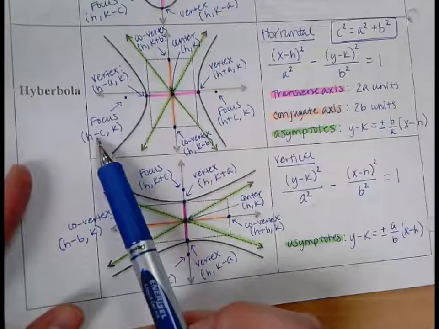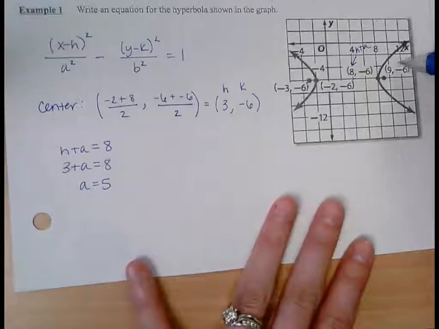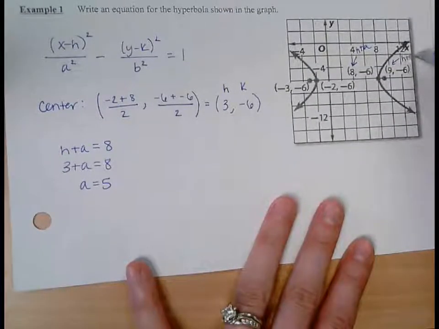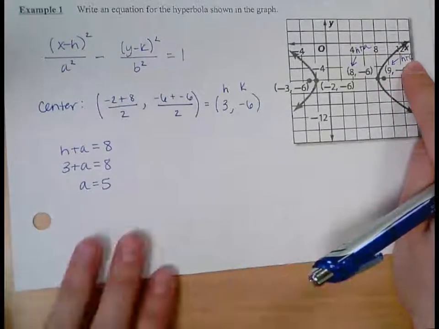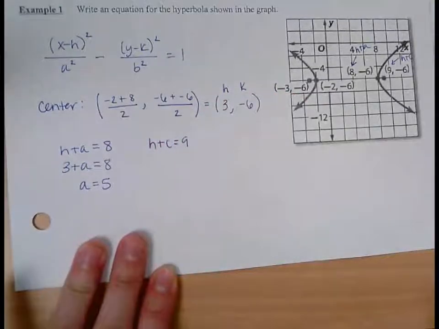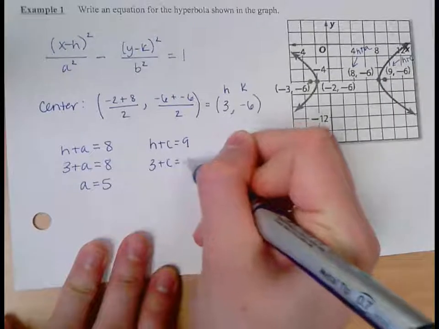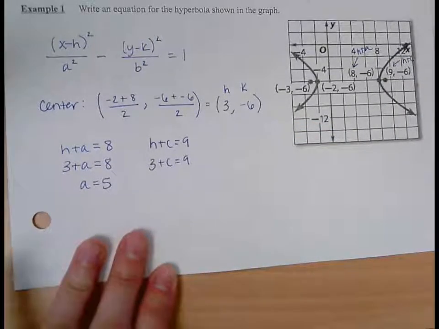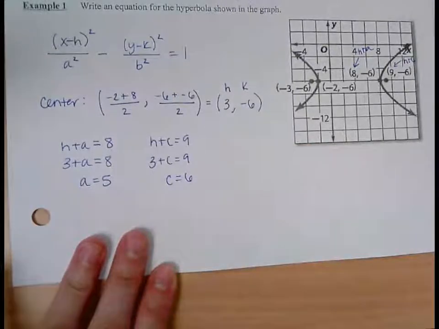I could also use the left one and use h minus c. So the 9 here would be in place of the h plus c. So I know h plus c equals 9. Substitute 3 in for h. So 3 plus c equals 9. Subtract 3 from each side. c is equal to 6.